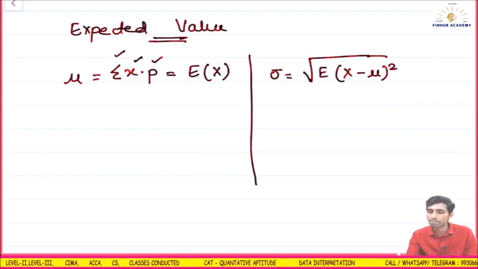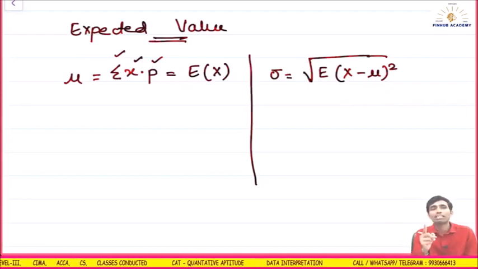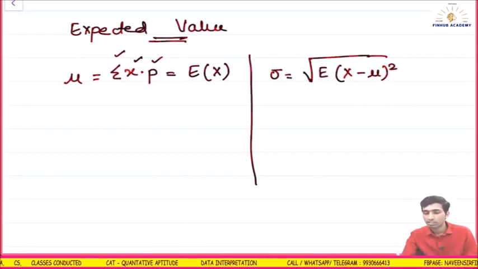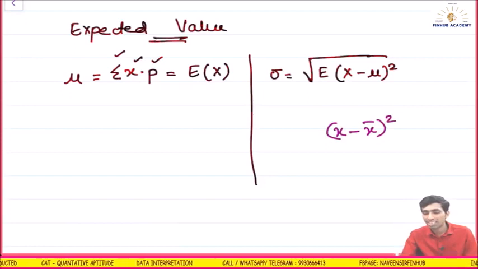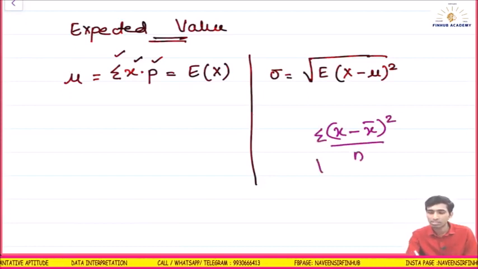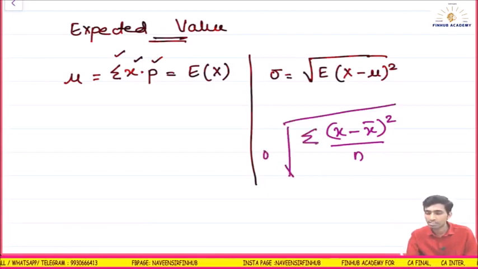If you remember, frequency, probability, proportion, weight, everything means what? Same. Standard deviation formula was x minus x bar the whole square upon n, and this is summation, and here it was under root. Okay, this was the formula, if you remember, correct, for standard deviation.